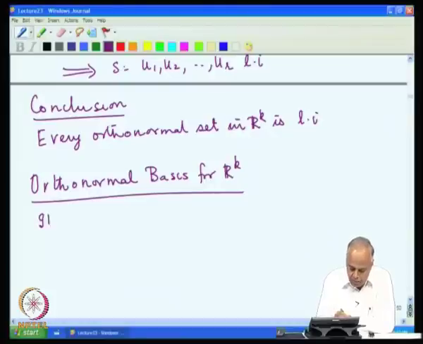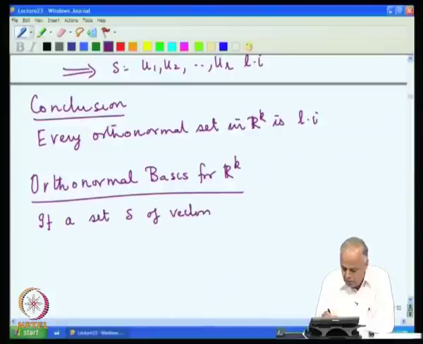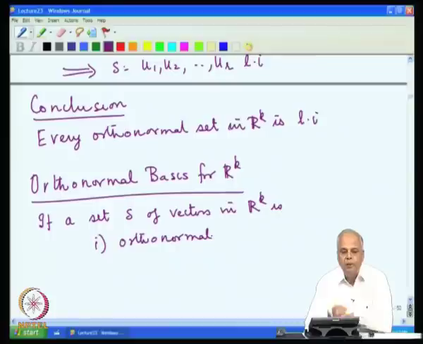So, if a set S of vectors in R k is orthonormal. Remember that when we said we want a basis, we want linear independence and we want spanning. Now, linear independence can be replaced by orthonormal, because orthonormal automatically implies linearly independent.